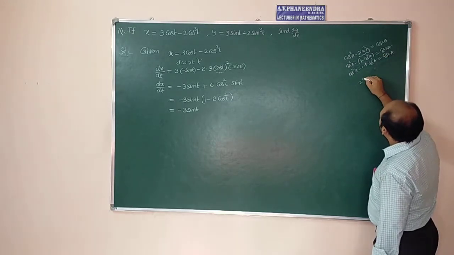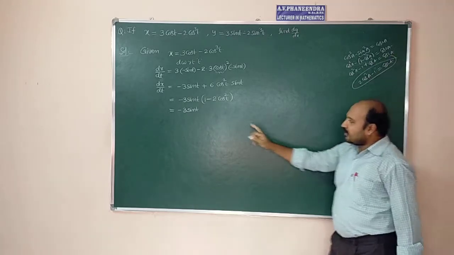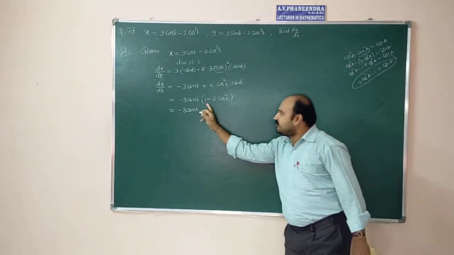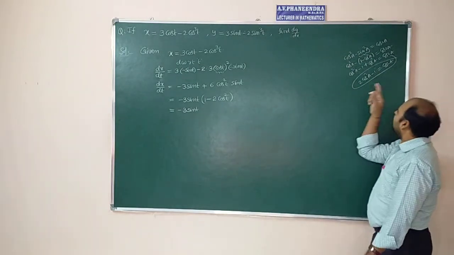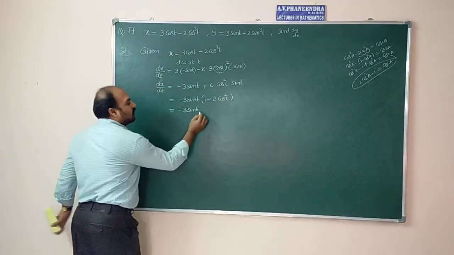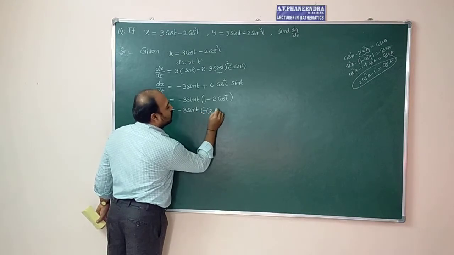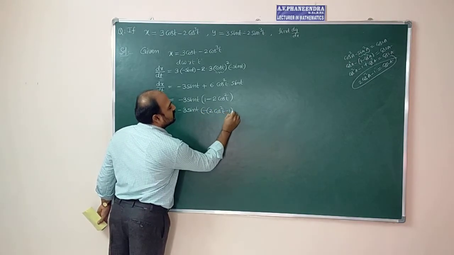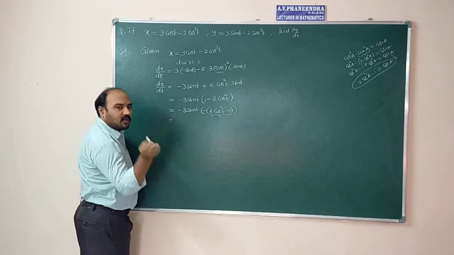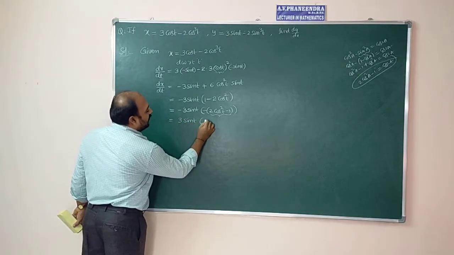That means 2 cos square a minus 1 is equal to cos 2a. But here 1 minus 2 cos square t is there. So if you take common minus from here, the formula for cos 2t will come: it will become 2 cos square t minus 1, so minus into minus plus. After that, this bracket value will become cos 2t. So 3 into sin t into cos 2t.